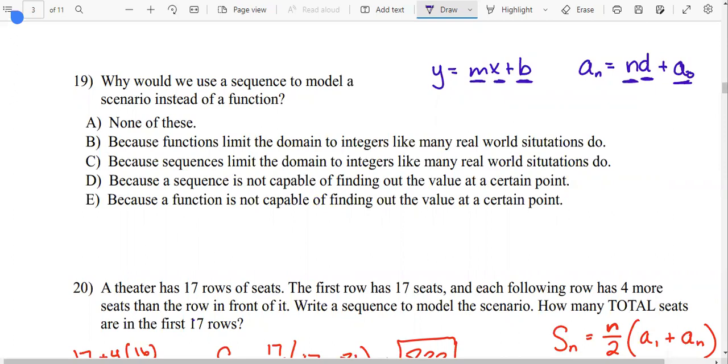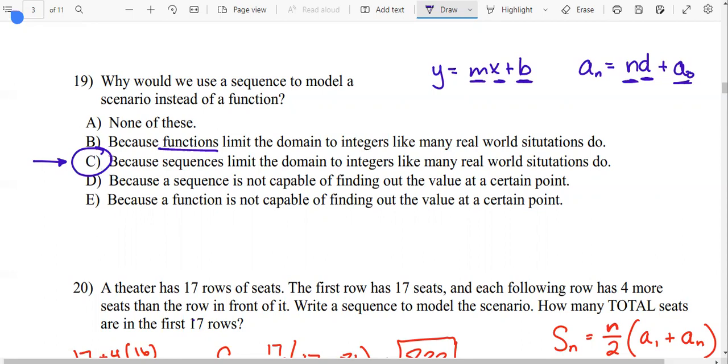Because functions limit the domain to integers like many real world situations do. Close, but functions don't do that. Actually, sequences do that. Sequences limit the domain to integers like many real world situations. That's the truth. You're talking about a theater full of seats. A function would tell you that on the 13th and a half row, you have 470.2 seats.